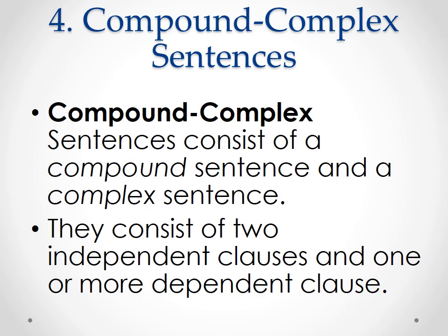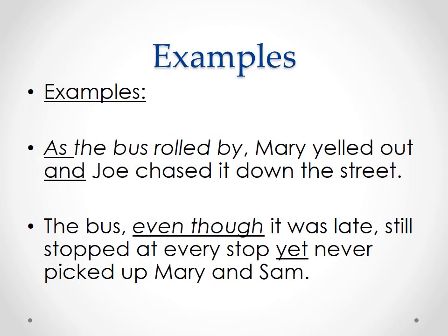Now let us see a few examples, so you can understand more. In this first sentence, "As the bus rolled by, Mary yelled out and Joe chased it down the street," this "as" is the subordinating conjunction.